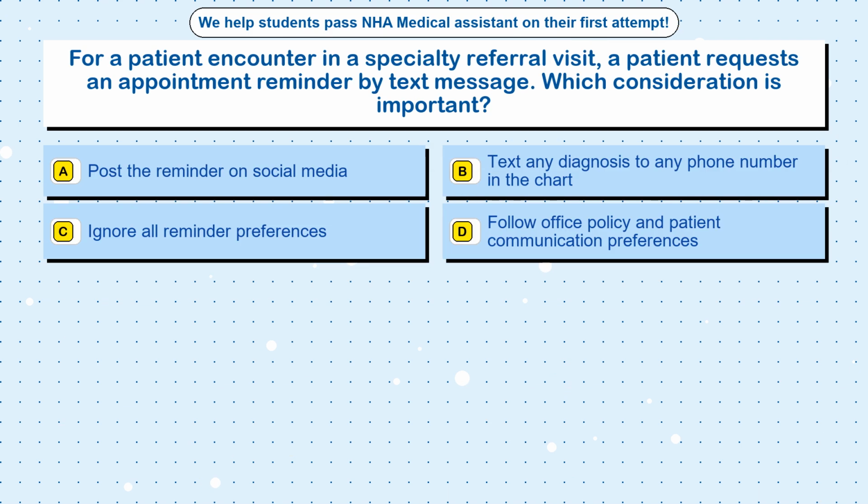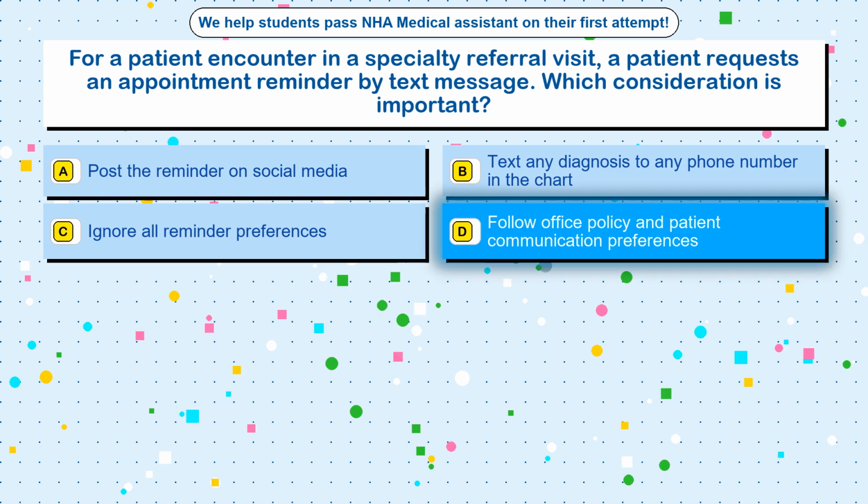Question 64. For a patient encounter in a specialty referral visit, a patient requests an appointment reminder by text message. Which consideration is important? Option A. Post the reminder on social media. Option B. Text any diagnosis to any phone number in the chart. Option C. Ignore all reminder preferences. Option D. Follow office policy and patient communication preferences.